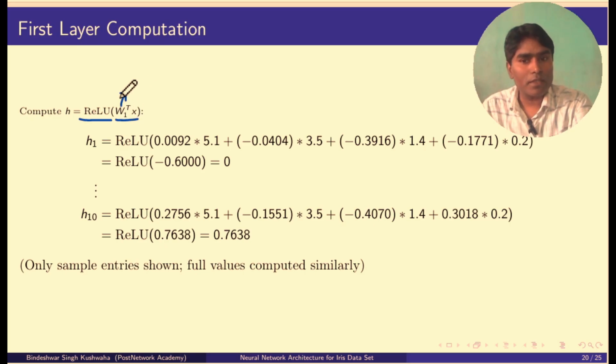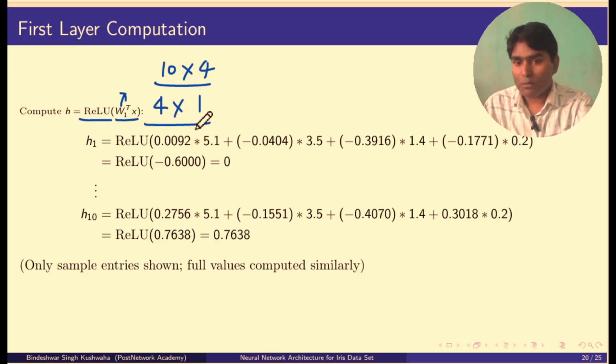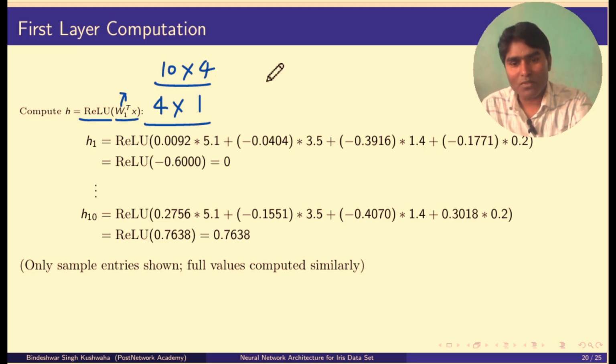That matrix is 10 cross 4 and our input is 4 cross 1, so these are not compatible. So what will we do? W transpose into X, where X is the input.